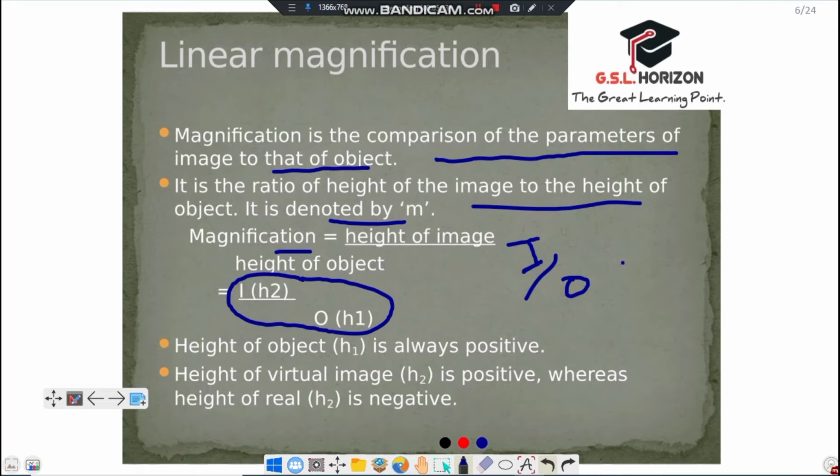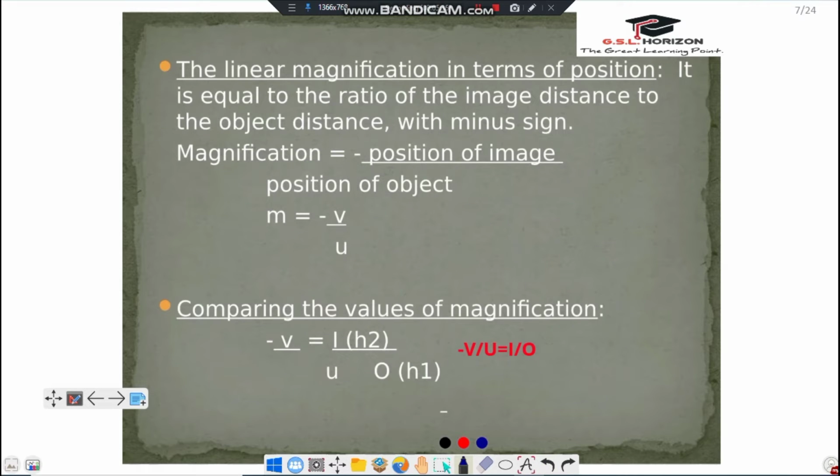Here the height of the object h1 is always positive, and the height of a virtual image h2 is positive, whereas the height of a real image h2 is negative. Guys, come to the next one. The linear magnification in terms of position is equal to the ratio of the image distance to the object distance with a minus sign.